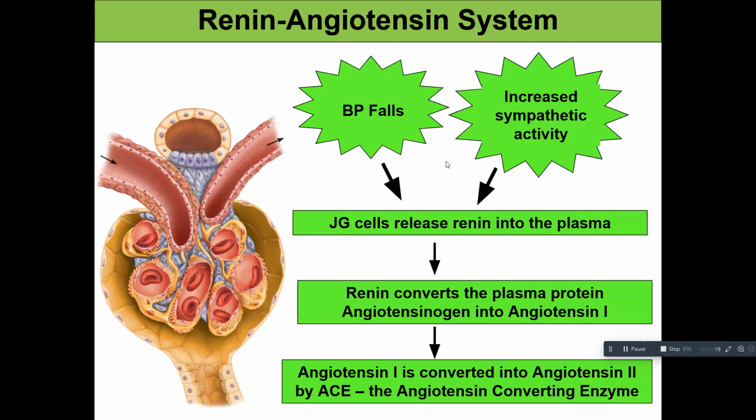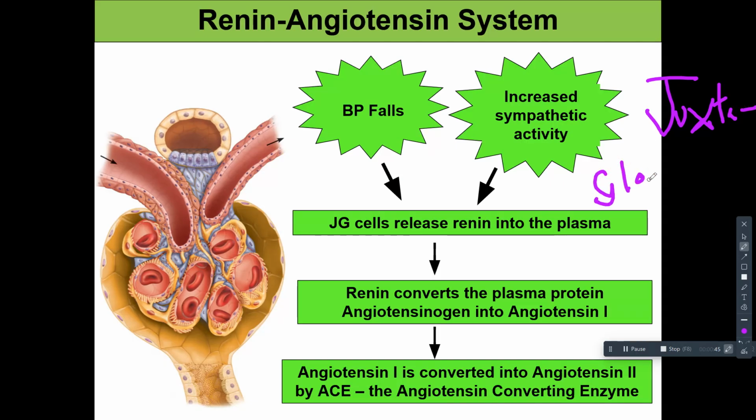And if blood pressure falls, or if we need to raise blood pressure because we're in a fight or flight situation, in other words, if the sympathetic nervous system is turned on, these special cells in the kidney called juxtaglomerular cells.